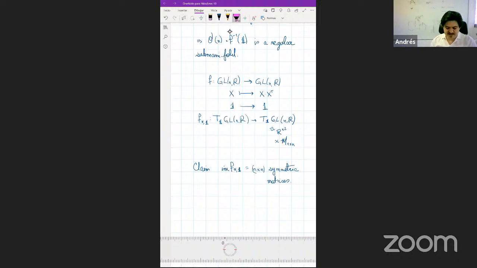So using that the tangent space is just Euclidean space, R^(n squared), and that the same as the set of all n by n matrices, I claim that the image is the set of symmetric matrices.